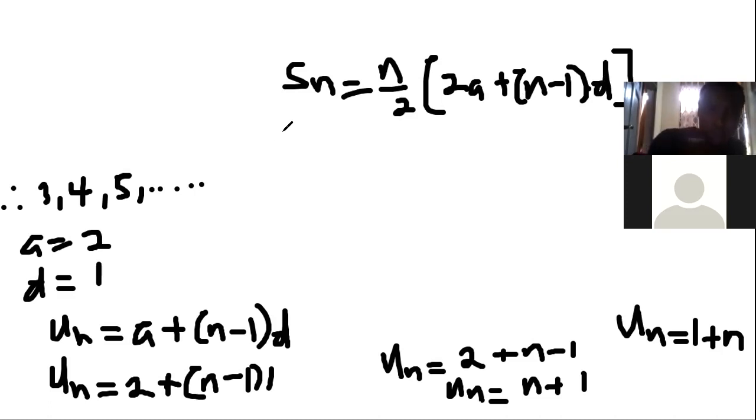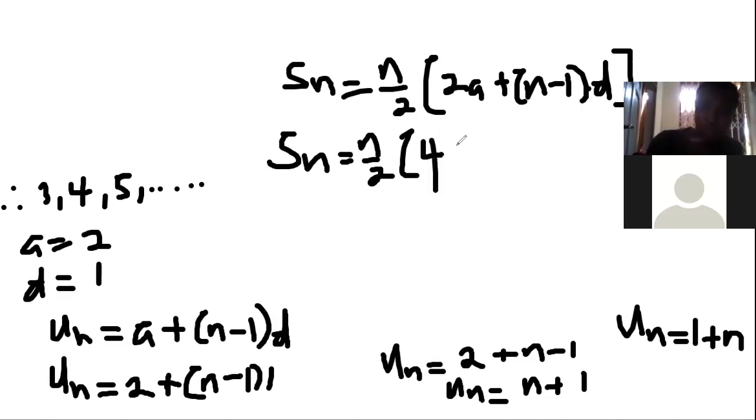So you say we should find the sum of n terms. The same thing I'm going to do. So this will be n all over 2 into bracket. But we know our first term a is 2, so this will give us 4 plus n minus 1, because d is 1 here. I hope you agree.